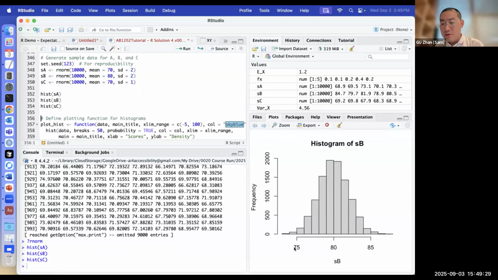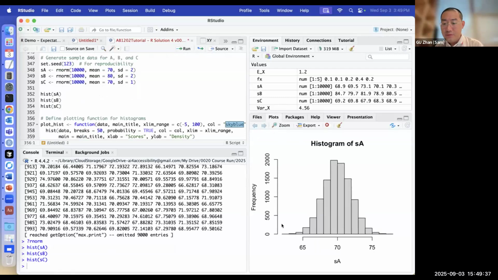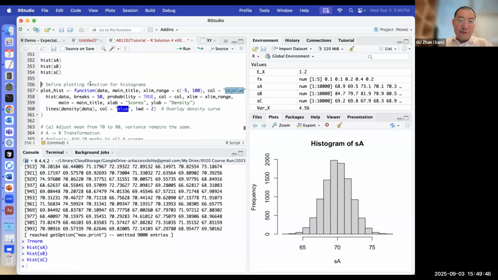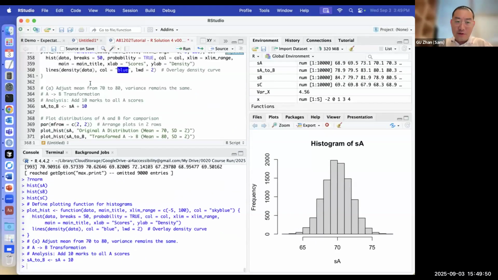While in histogram B, you see around plus minus 5 marks. Here it is only plus minus about 2 marks. Here is also class A, plus minus 5 marks. Majority of the data within 5 marks. Then I define a function for plotting the histogram, so I just define another more fancy function.